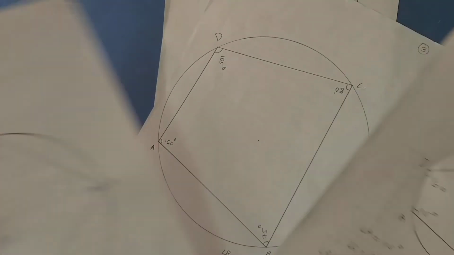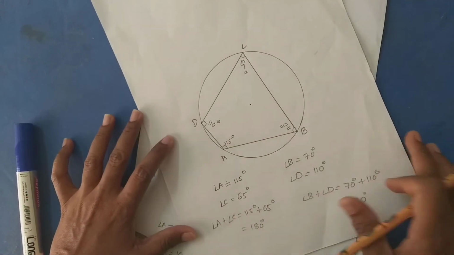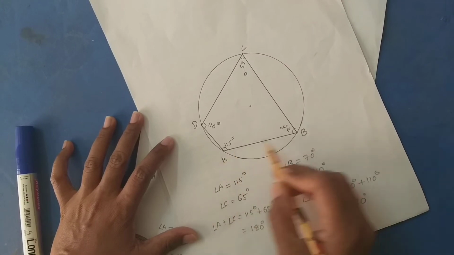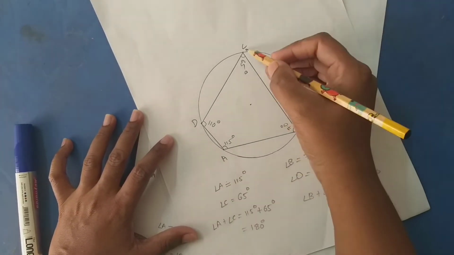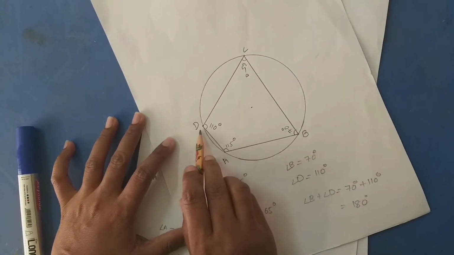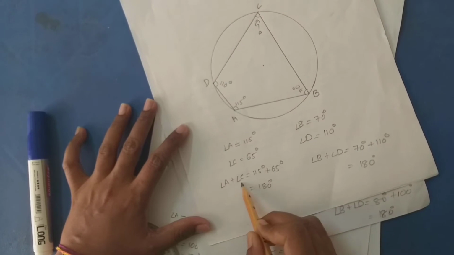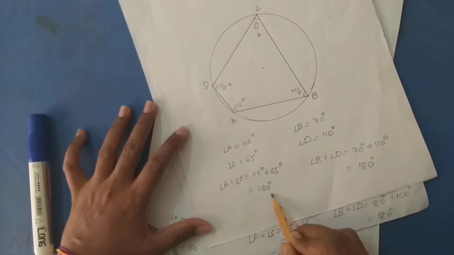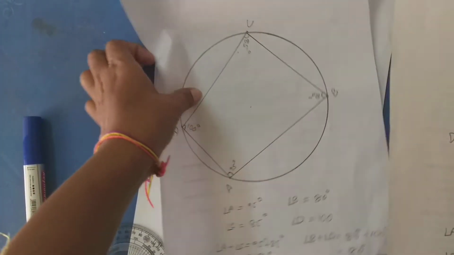Okay, taking another cyclic quadrilateral. I also measure the angles. Angle A equals 115 degrees, angle B equals 70 degrees, angle C equals 65 degrees, angle D equals 110 degrees. So angle A plus angle C equals 180 degrees, angle B plus angle D equals 180 degrees.